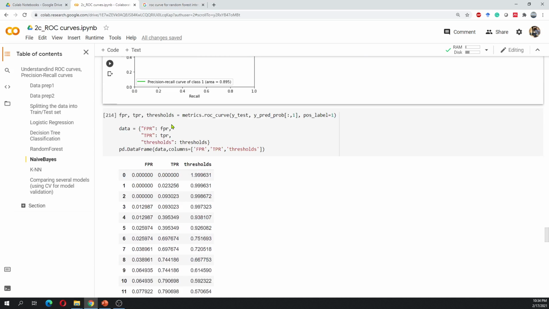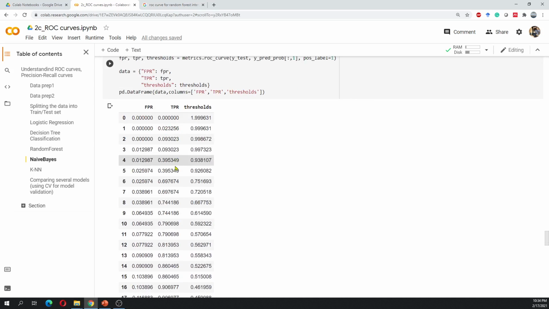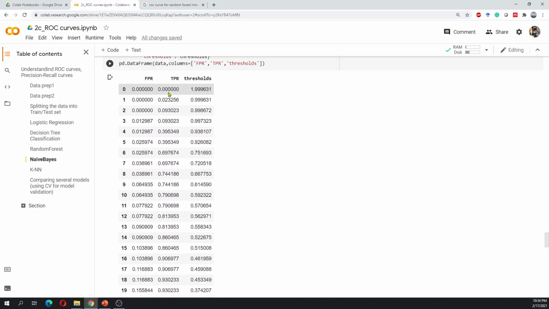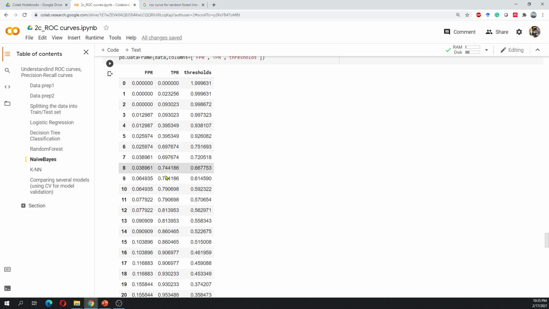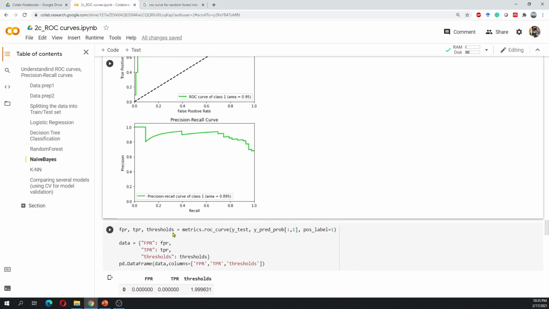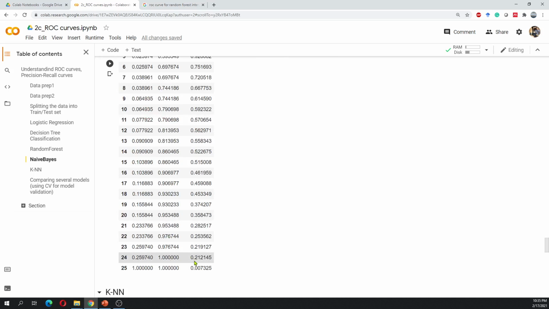So let me see if I can figure out the threshold. Again, true positive is 1, so all these are 1. Okay, it seems like in order to have a true positive rate of 1, I have to at least be fine with a false positive rate of 25% or about 26%. And that's going to be at a threshold of 0.21.